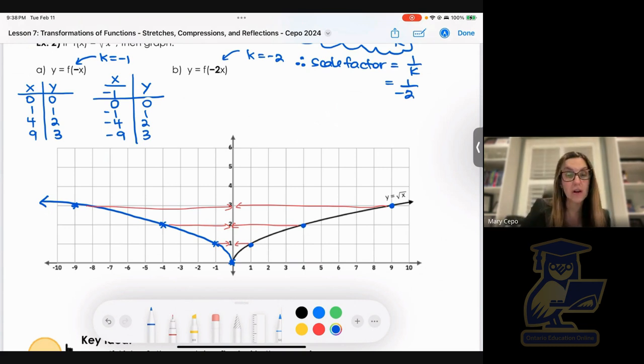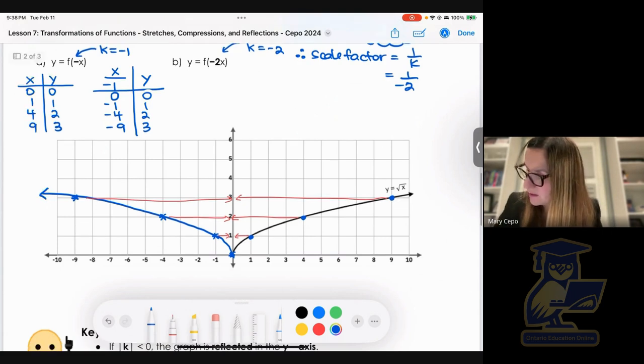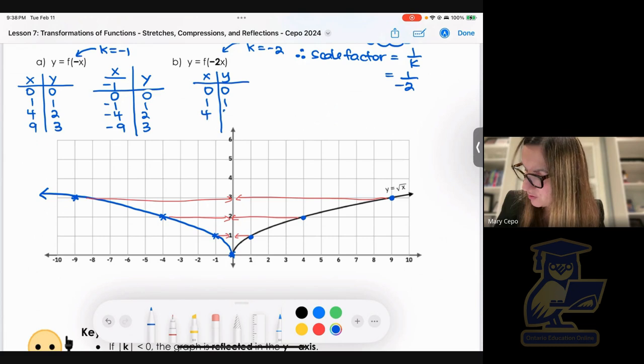That means all our x values are going to be multiplied by negative 1/2. So with that, keep in mind, we're going to start with our parent function and key points, which is (0, 0), (1, 1), (4, 2), (9, 3).